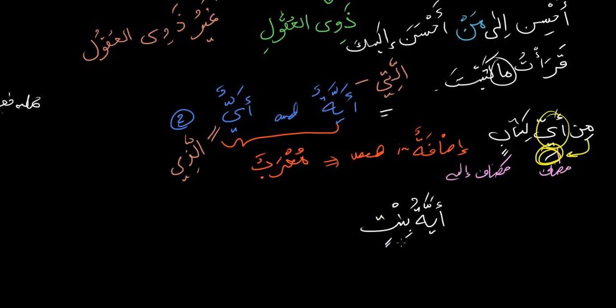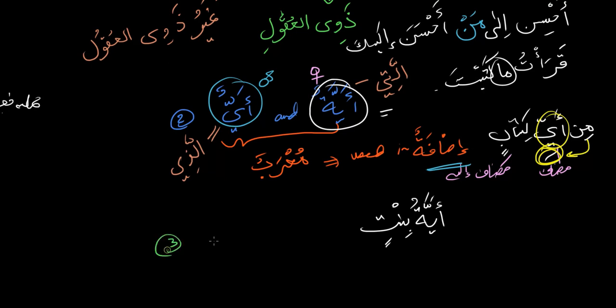This is again a mudaf, mudaf ilayh construction. This is for feminine, and this is for masculine, which basically means which. These are used as mu'rab and in idafa. So that's the second category.